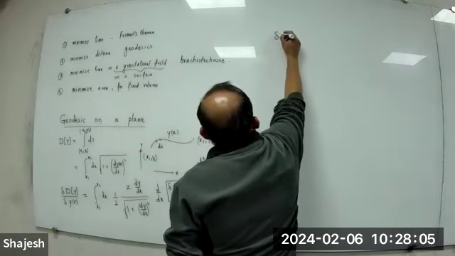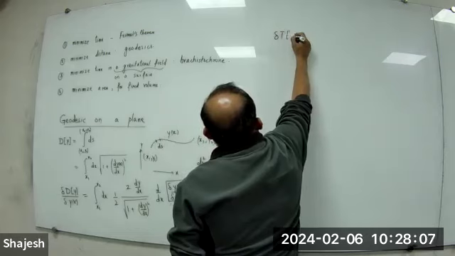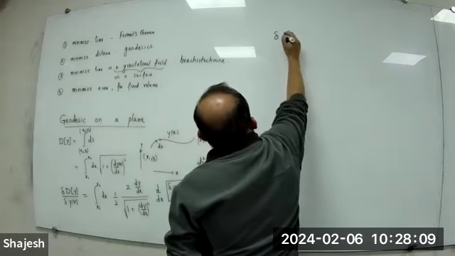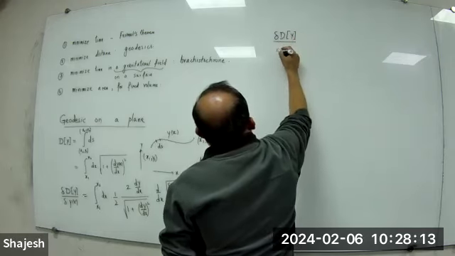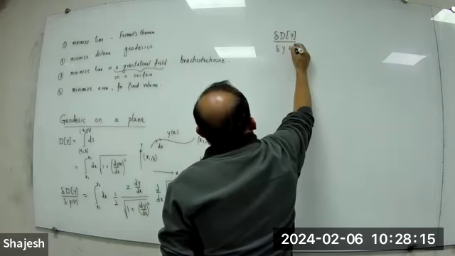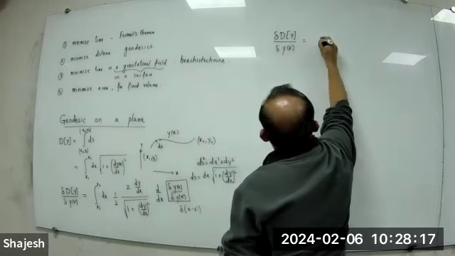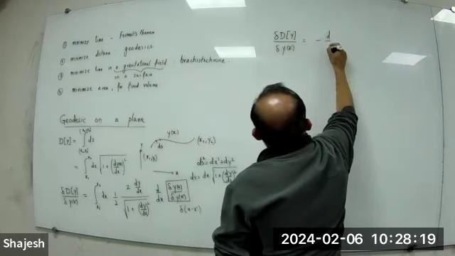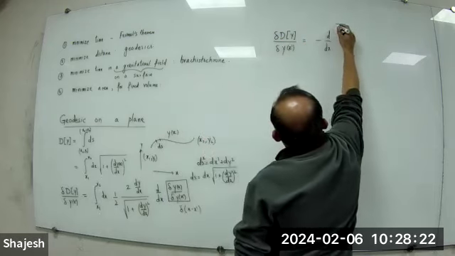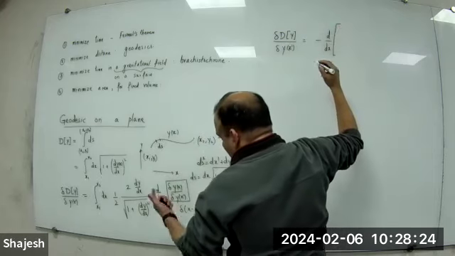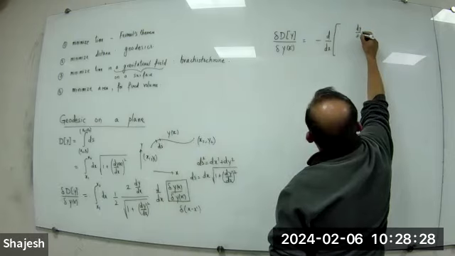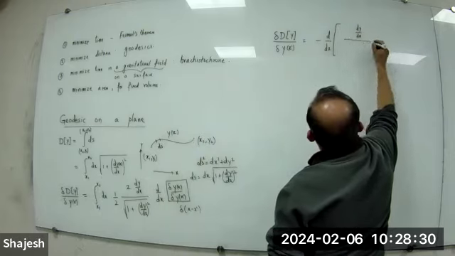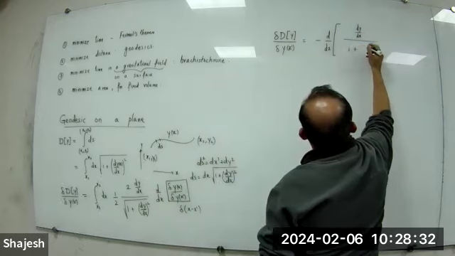So the functional derivative of the total distance is equal to minus d by dx of, 2 cancels out, that is dy by dx divided by 1 plus.